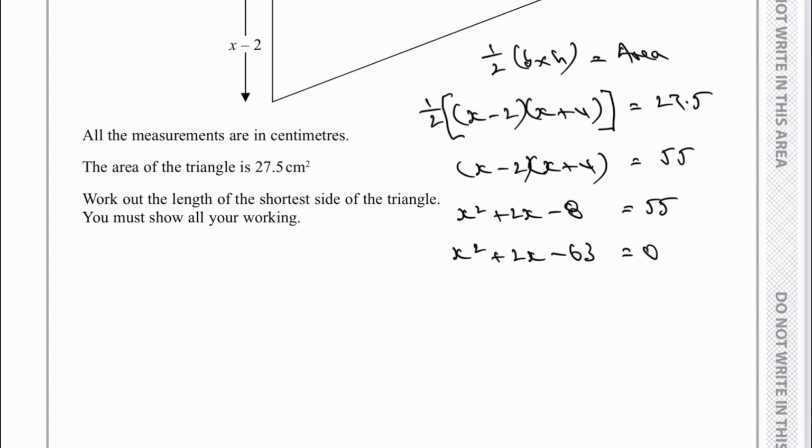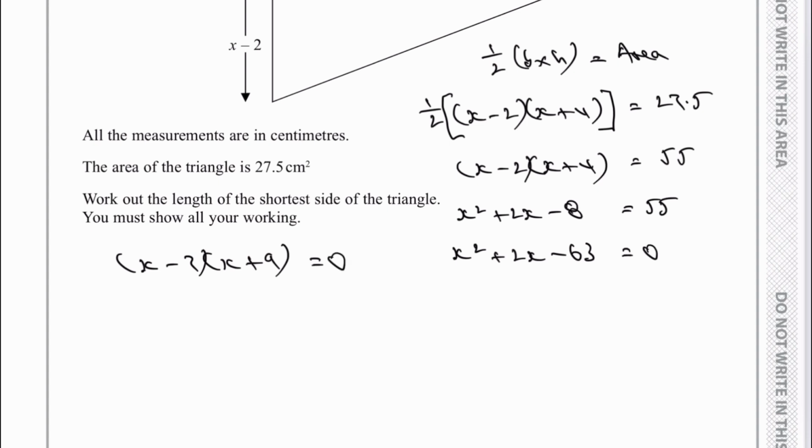And that's excellent because that will factorize to x minus 7 multiplied by x plus 9, I beg your pardon, x plus 9, I'm so sorry, and that equals 0.